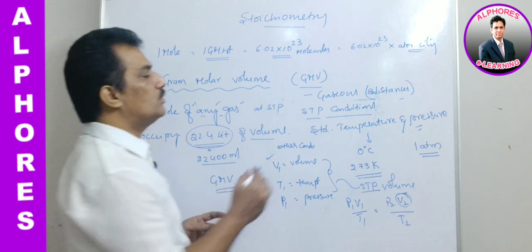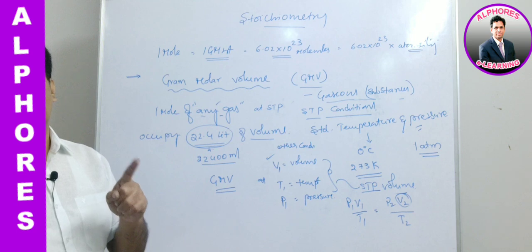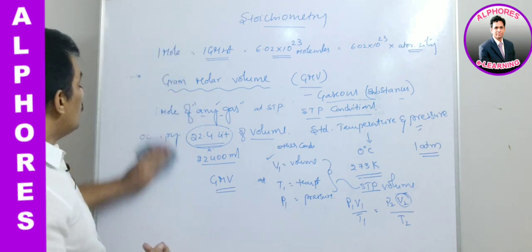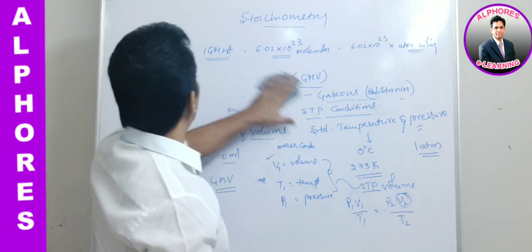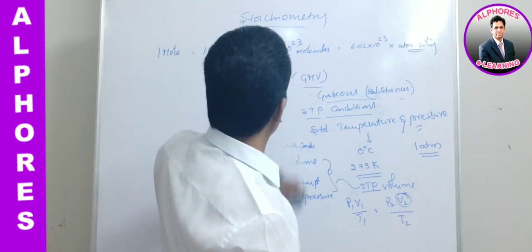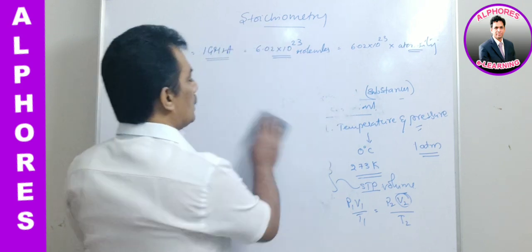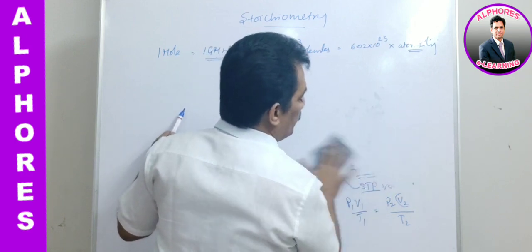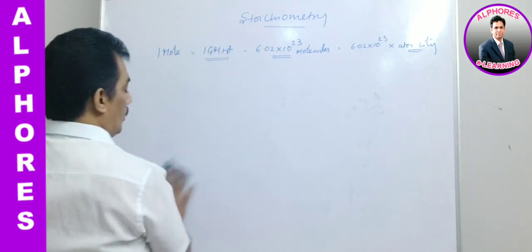And remember, it is only for substances present in the gaseous state. Clear? Now let us write the formula related to the mole. 1 mole is 1 gram molecular weight, that is 6.023 into 10 to the power of 23 molecules, that is equal to 6.023 into 10 to the power of 23 into atomicity, the number of atoms.